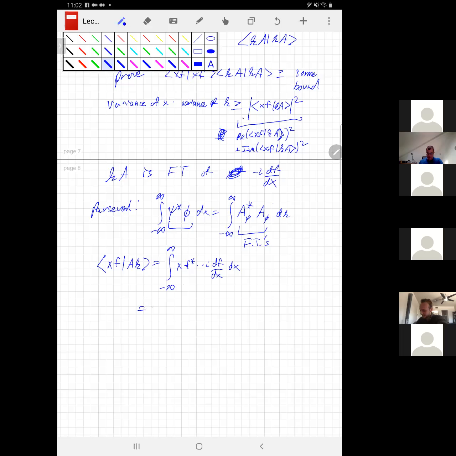So if I call this u and I call this dv, then du is going to be x df star dx plus f star, whole thing multiplied by dx, because for the derivative of x times f star, we have to use the product rule.